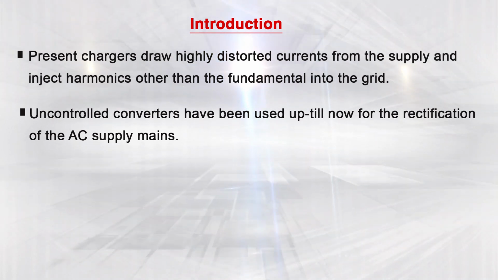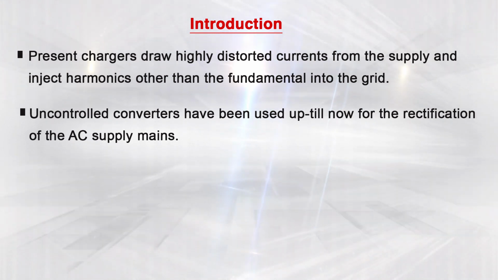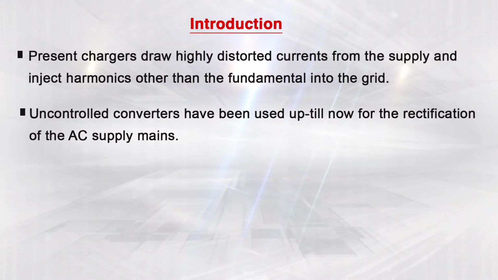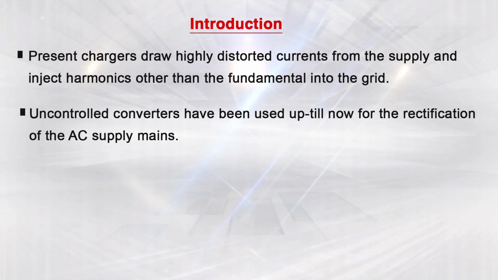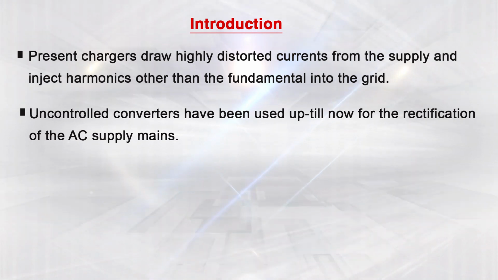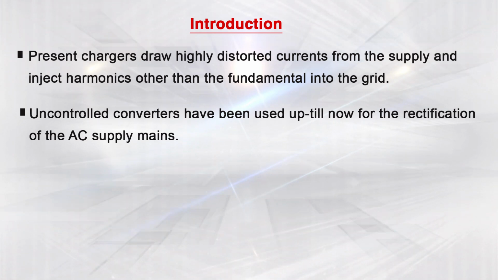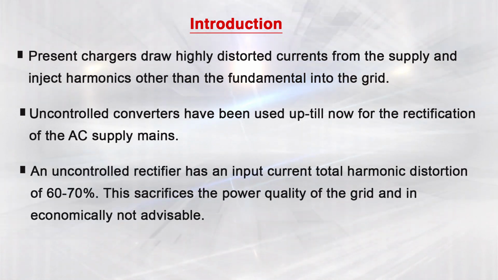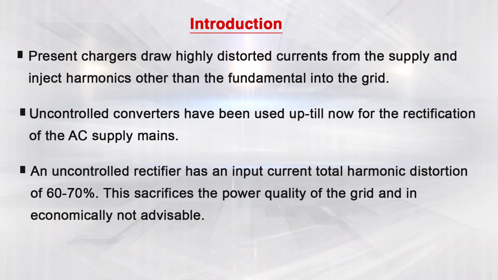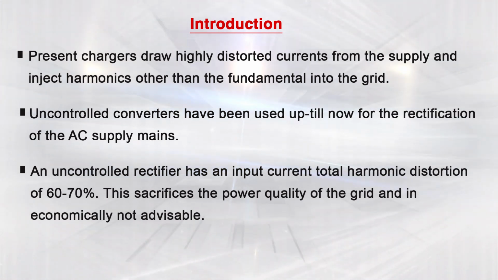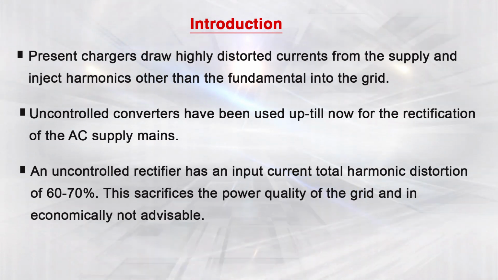It is discontinuous for a particular period, and depending on the input and output voltage, there is certain conduction of the devices, so we get the peaky current in the positive half as well as in the negative half. The total harmonic distortion is around 70 to 80% for this type of configuration.